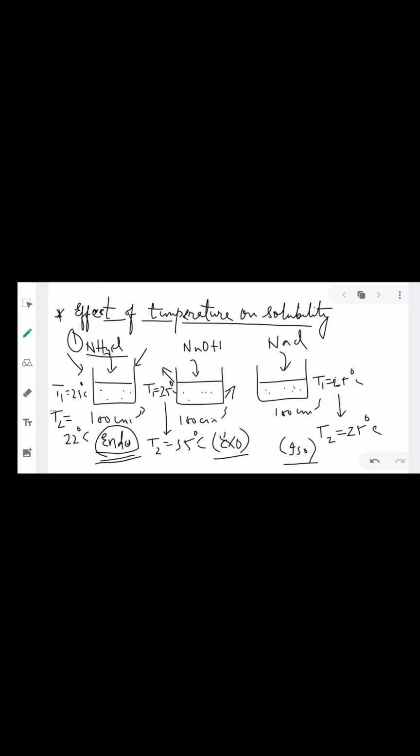When you increase the temperature, the addition of more heat facilitates the dissolving reaction by providing energy to break bonds in the solid. So this is why an increase in temperature increases the solubility.